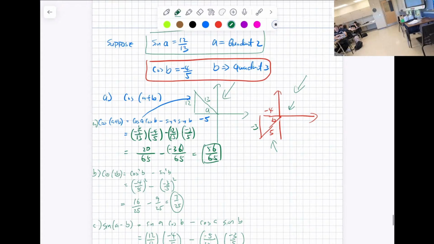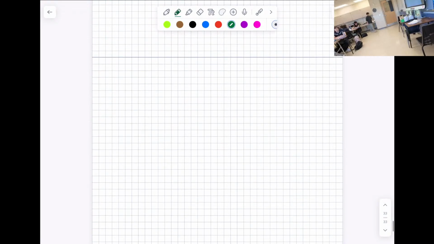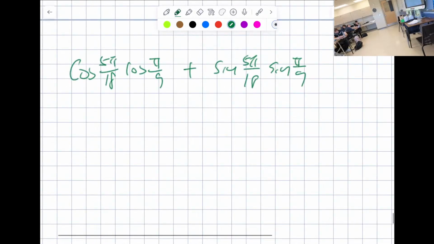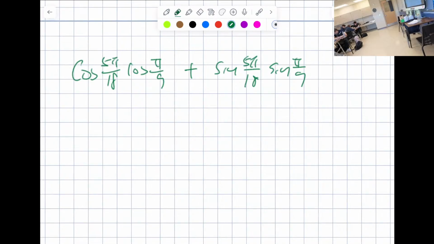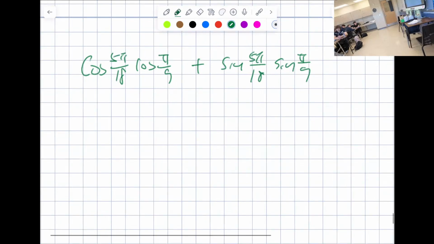Okay, I'm going to give you a couple of situations. I'm going to give you the cosine of 5 pi over 18 and pi over 9, and sine of 5 pi over 18 over sine of pi over 9. This is probably a test question as well. See if you can figure this one out. This will be a good test question if I were to give you one.